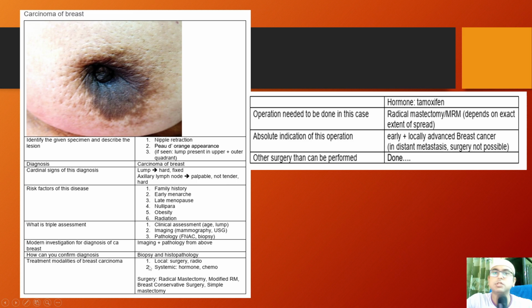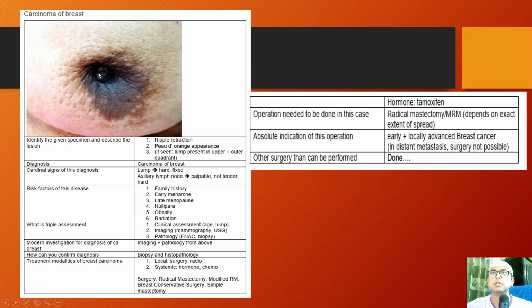Okay, so another thing: you can see this is the specimen of the breast, and you can see the nipple and areolar tissue, and also some external skin appendages. The appearance becomes orange, peau d'orange. Okay, the nipple is retracted inside.